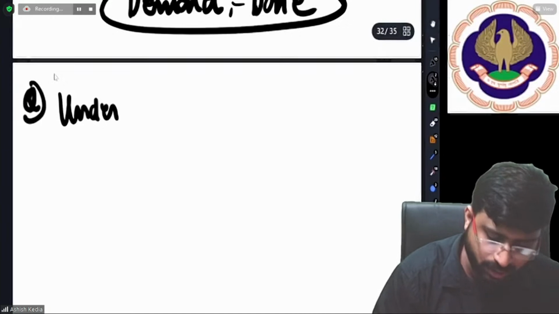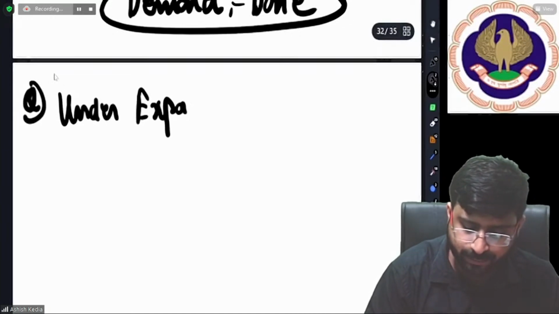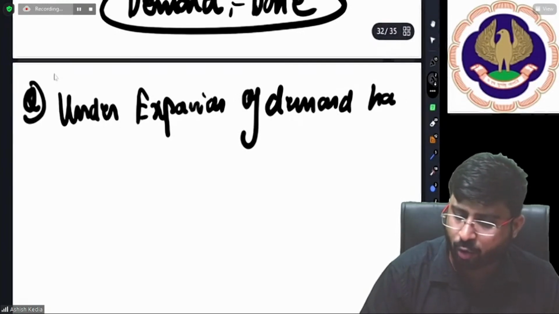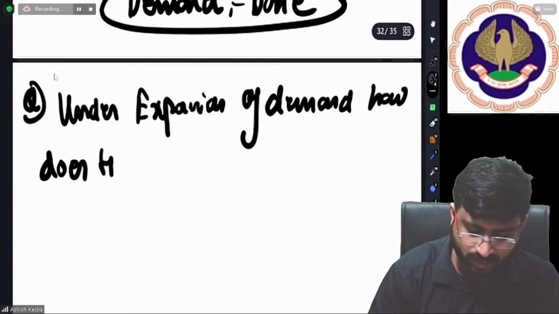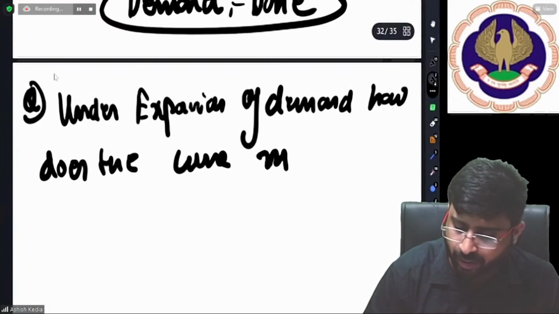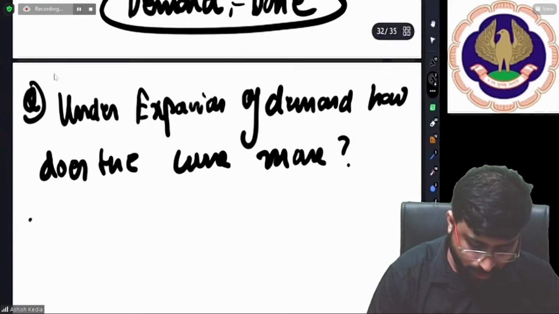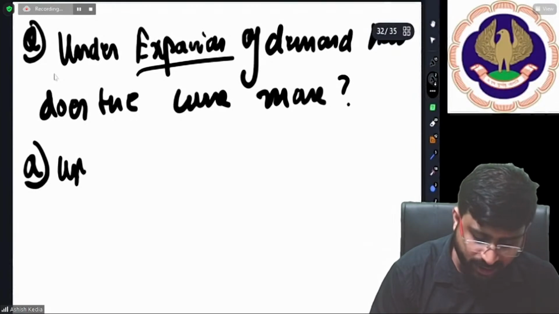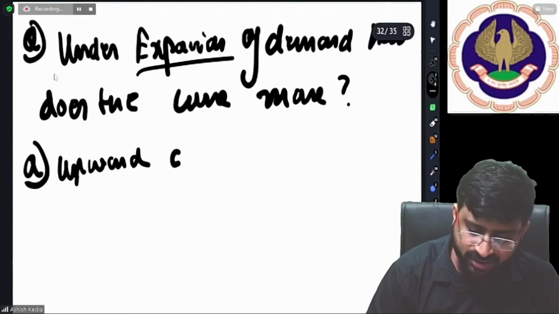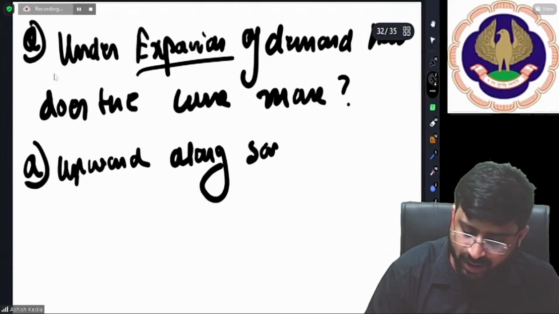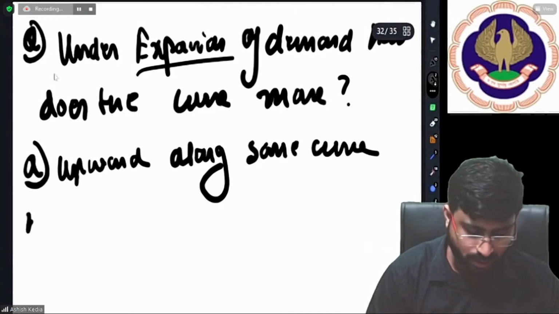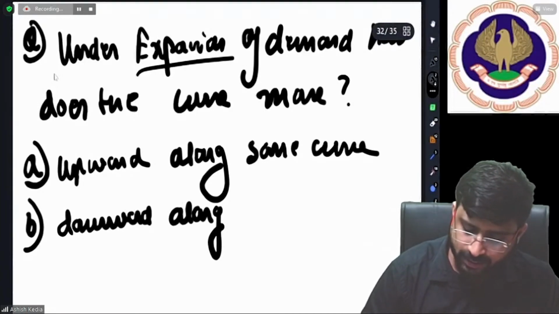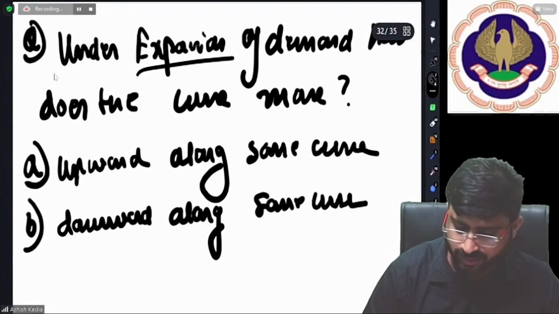Under expansion of demand, how does the curve move? A, upward along same curve. B, downward along same curve.